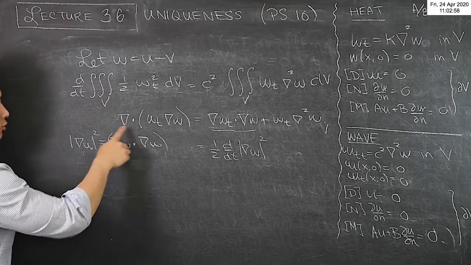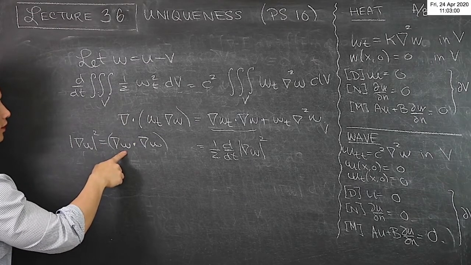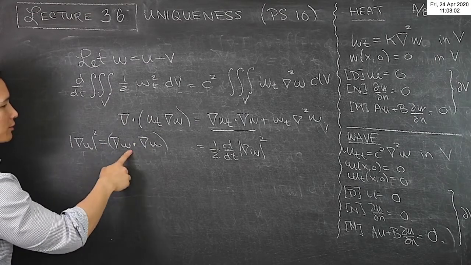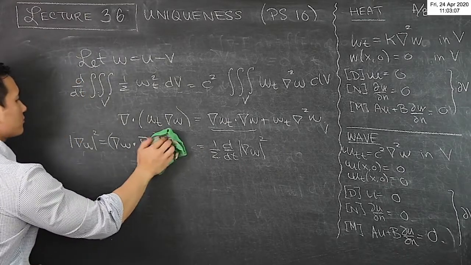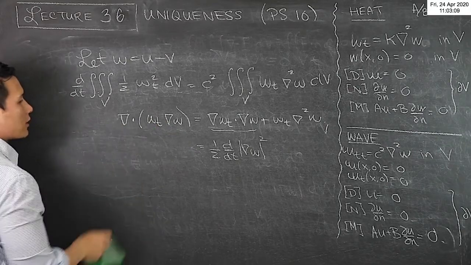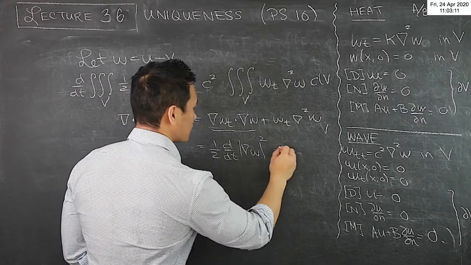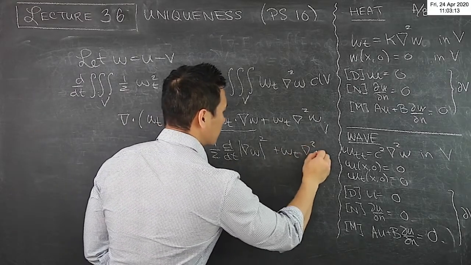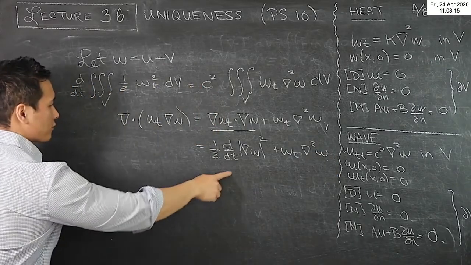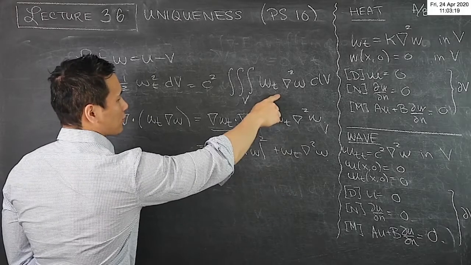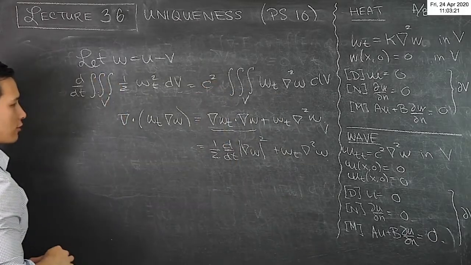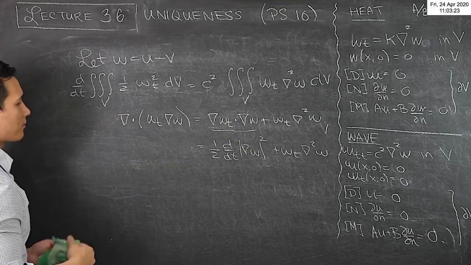So you get twice grad w_t dot grad w, and that's why you have the 1/2 factor right here. Okay, so then this is just what it was. You move this over to the left-hand side, leaving the right-hand side matching the integrand, and then just substitute it back into the equation.